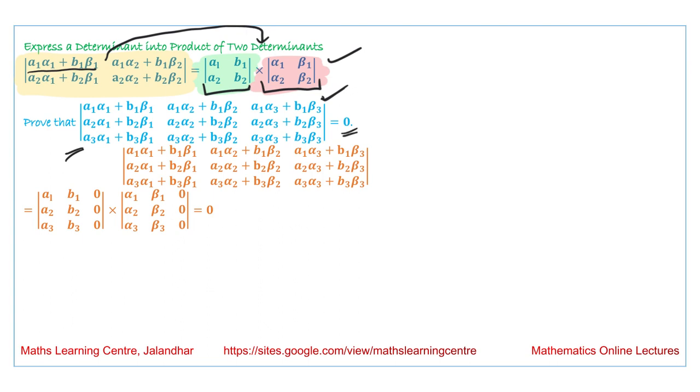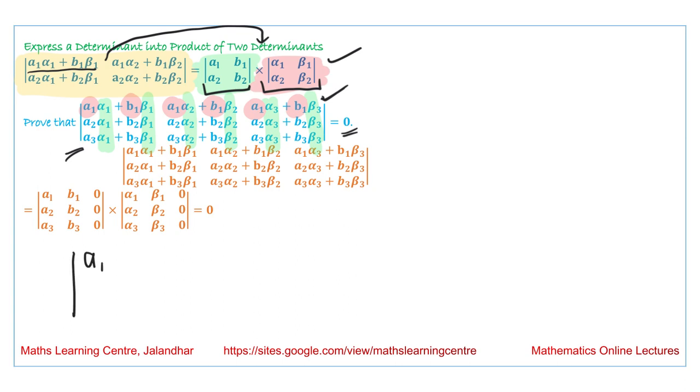is equal to 0. If we look at the terms here, we have alpha 1, beta 1, then alpha 2, beta 2, alpha 3, beta 3. Similarly, we have A1, A1, A1, then B1, B1 and B1. So what we can see is that we are talking about the product of two determinants.